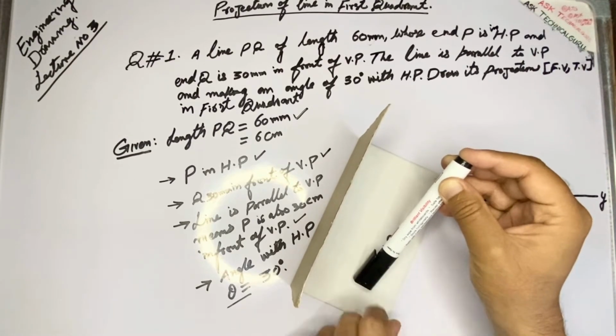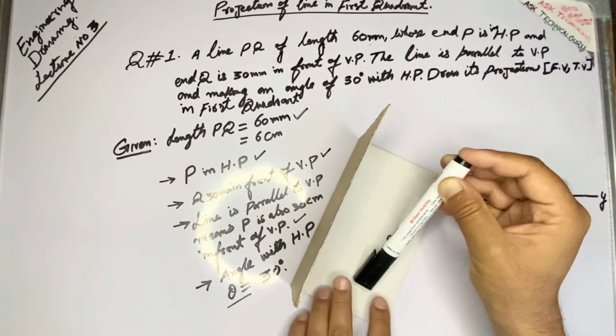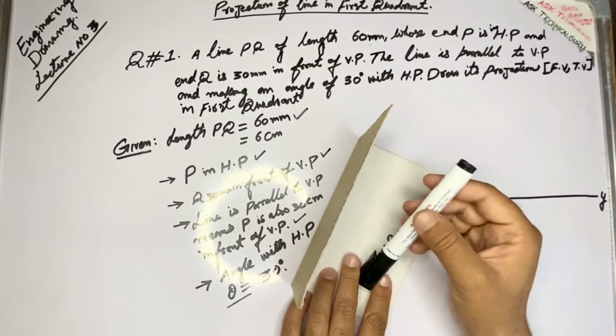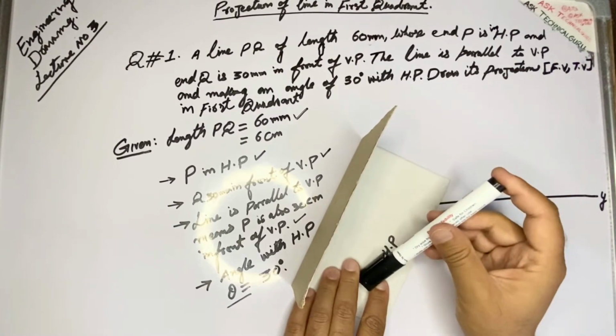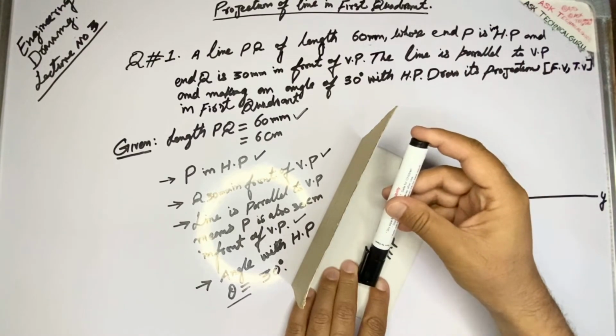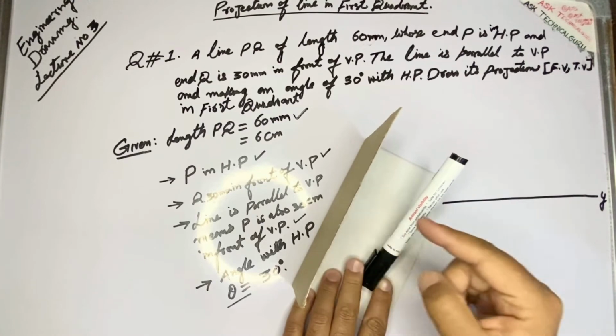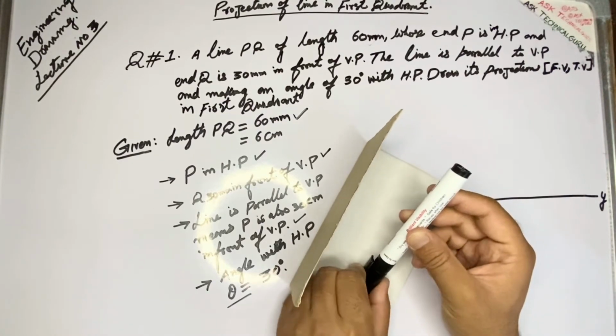Only by that can it be parallel to the vertical plane. So it is not like this, it is like this: parallel to the vertical plane and inclined to the horizontal plane.